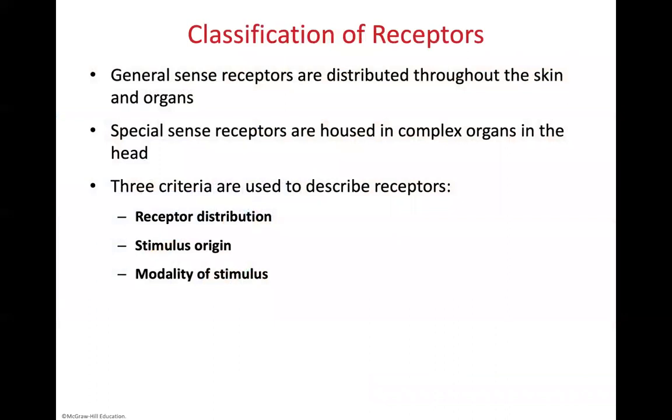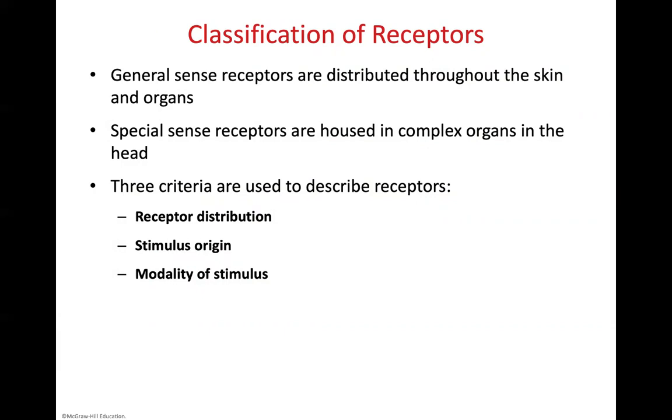Receptors can be classified a few different ways. So I told you that general sense receptors are distributed throughout the skin and they're distributed throughout the organs. Those are things like touch, pressure, temperature. And then special sense receptors are those that are housed in complex organs in the head. You can use 3 different criteria to describe receptors, and that's distribution.